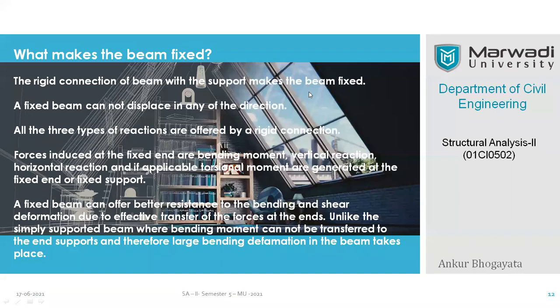In a simply supported beam you don't have reaction to the bending, so whatever action is generated in the beam due to bending remains within the beam itself. It doesn't go anywhere, so it's the responsibility of the beam itself.